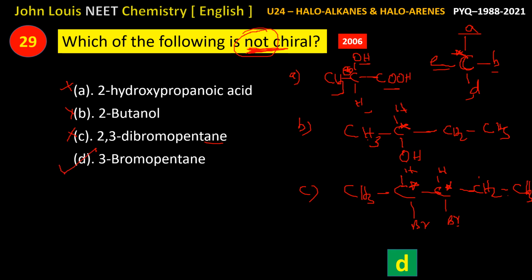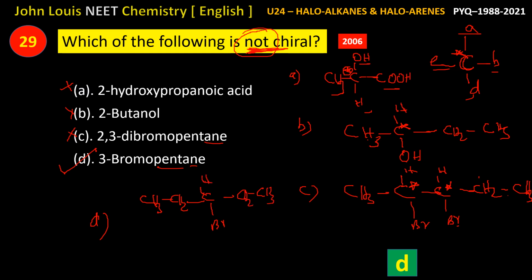But anyway, let us check here. 3-bromopentane. Pentane should have 1, 2, 3, 4, 5 carbons and in the third carbon bromine should be there. So it will be CH3, CH2, here it is CHBr, then CH2, CH3.